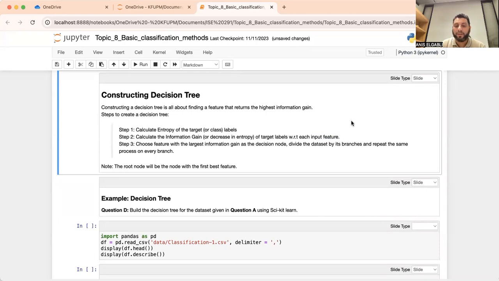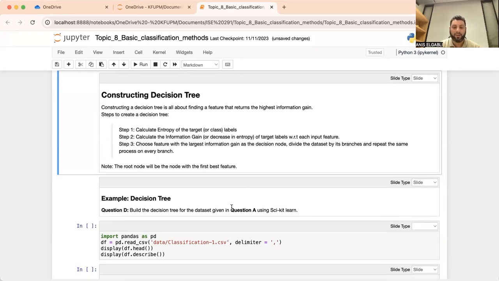We take that feature and we compute the conditional entropy of the target variable given the value of that feature, and we compute the information gain. The one that maximizes the information gain is the one we will choose at that node. Choose the feature with the largest information gain as the decision node. Divide the data by its branches and repeat the same process on every branch.